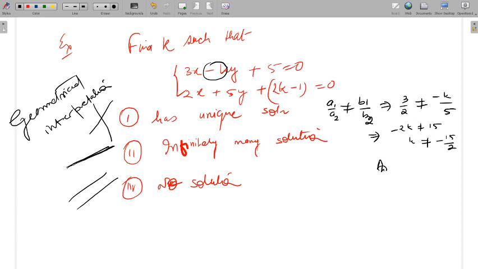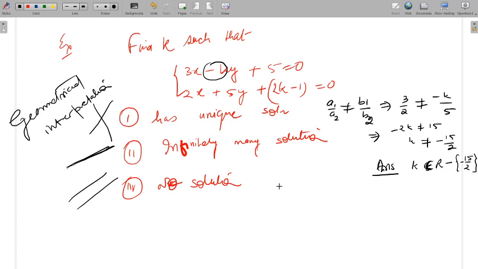So your answer should be like this. You have to write like this: k belongs to... This symbol stands for belongs to. You will study about it in class 11th. That means k can take all these values, all real numbers, except -15/2. There are infinite real numbers. All those real numbers can be taken by this k, but it will not take -15/2 in order to have a unique solution, right?